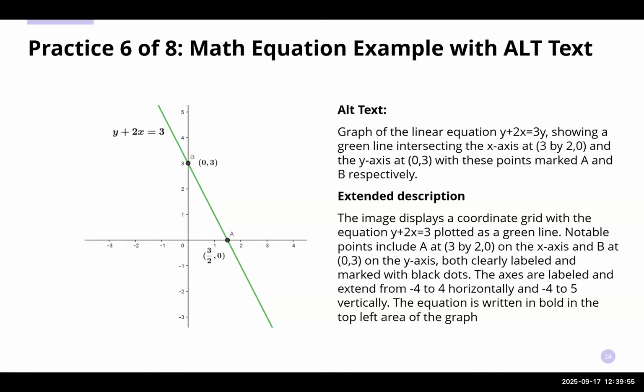Okay. So the alt text that you see on the screen is quite short and functional. It tells us what the image shows, a graph of a linear equation, and the key takeaway, where the line crosses the axis at points A and B. But for students using screen readers, that might not be enough, and it is definitely required to provide an extended accessible version.